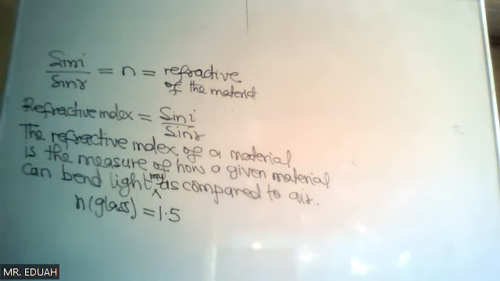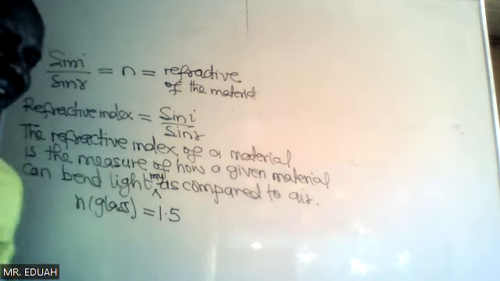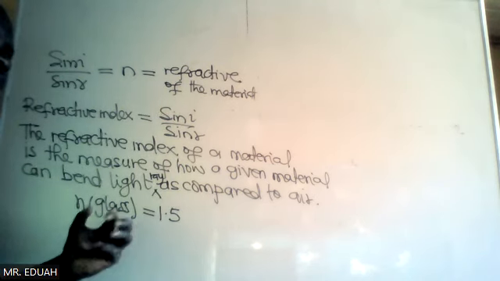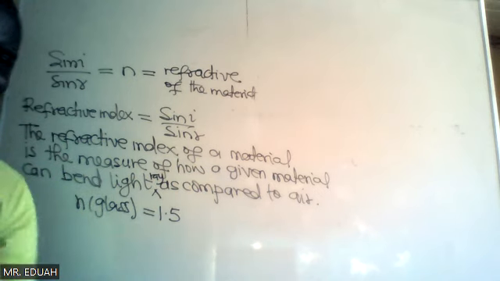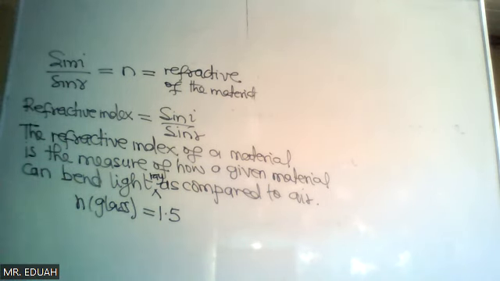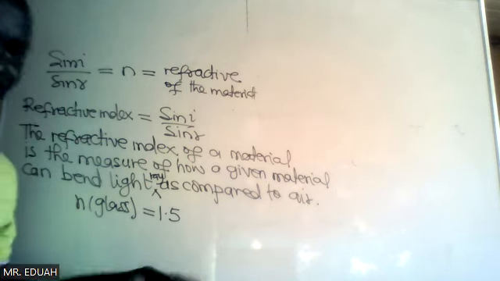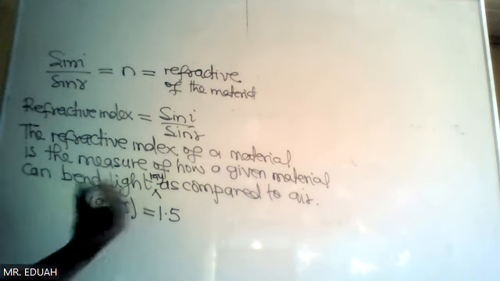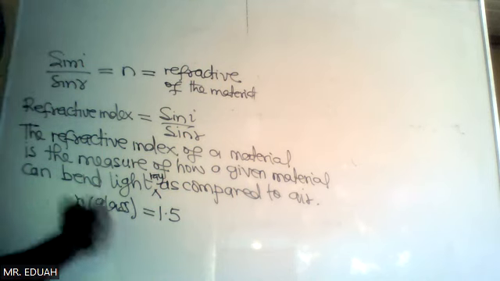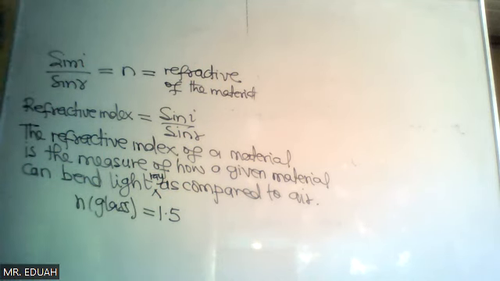What it simply means is that glass can bend light 1.5 times as much as air. That is all.